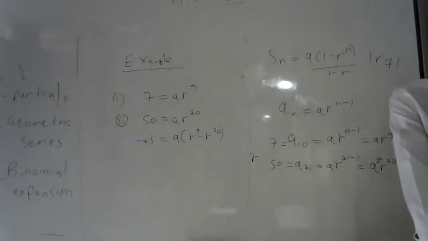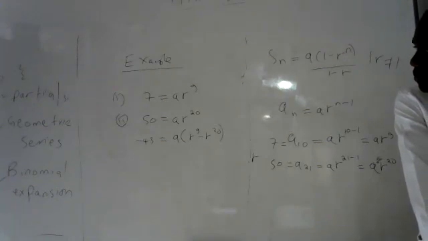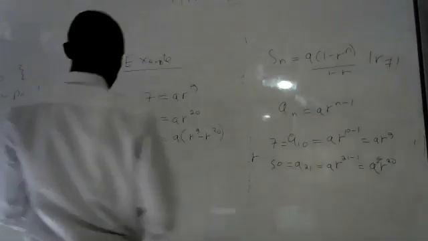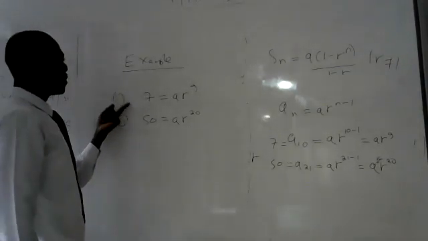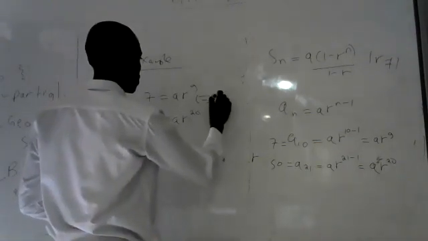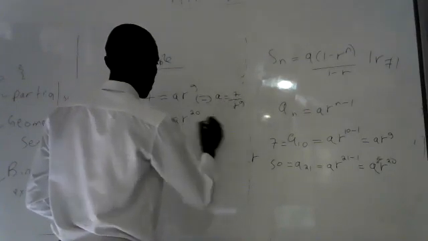Any other idea? Yeah, we can actually find A in each equation and then equate them, like equate the first A and the second A. I don't know if I'm making sense. So from the first equation, you can write this in terms of A. This means A is simply 7 divided by R raised to 9.